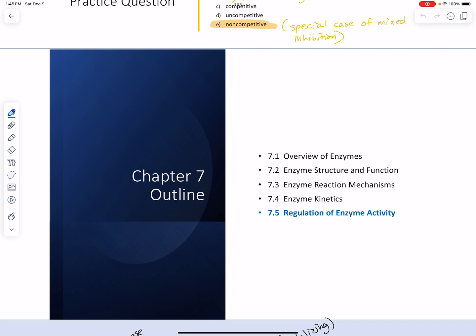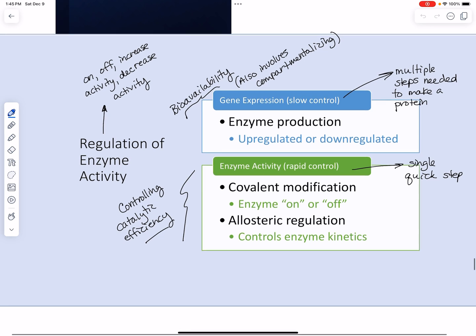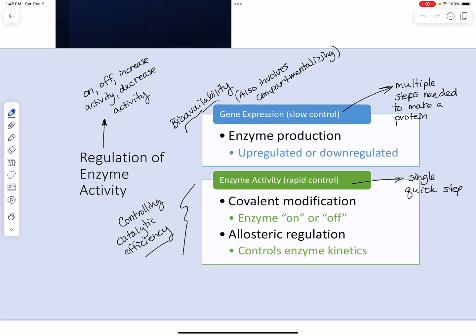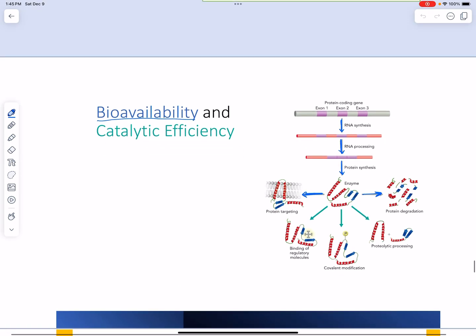So we're going to finish talking about the regulation of enzyme activity. We discussed the broad overview of how enzymes are regulated, either at the gene expression level or at the activity level. Everything in blue here, all the arrows in blue, deal with bioavailability.